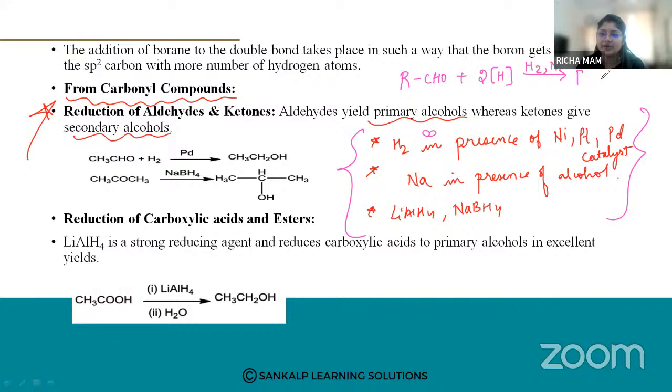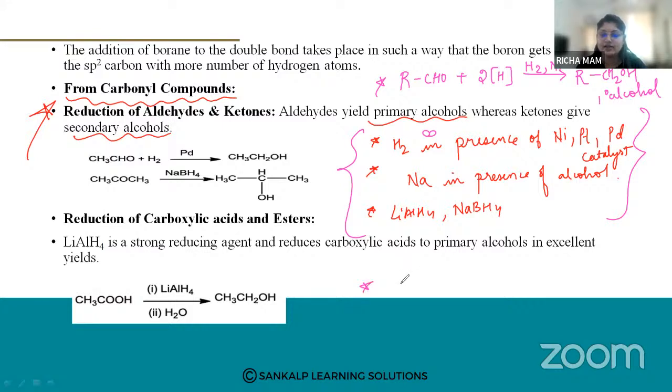Can anyone tell me? It will be CH2OH. So I'll get a primary alcohol. So this is the first reduction reaction. If I take an aldehyde and do reduction, I'm going to get a primary alcohol.